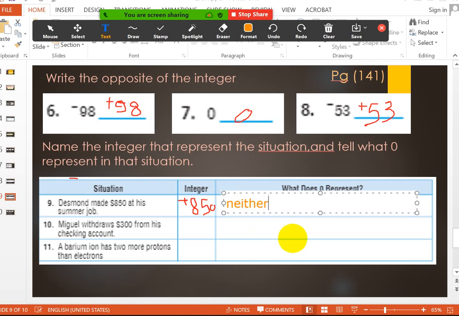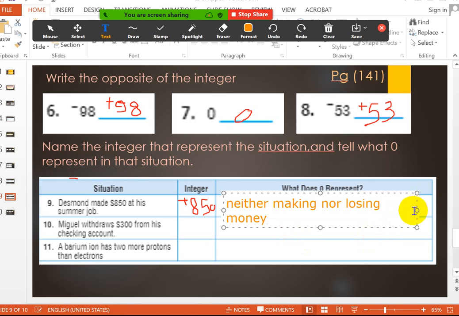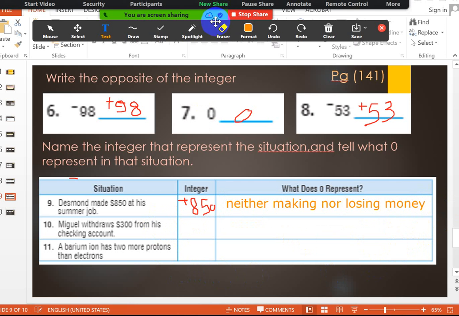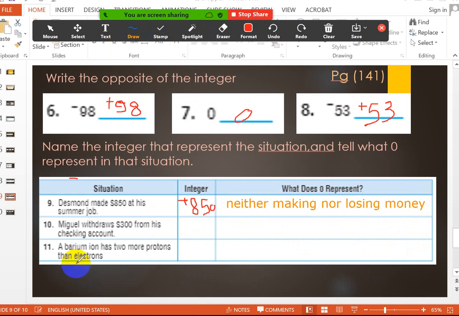Neither making nor losing money. Yes, like no change. Very good. Now what about number 10?